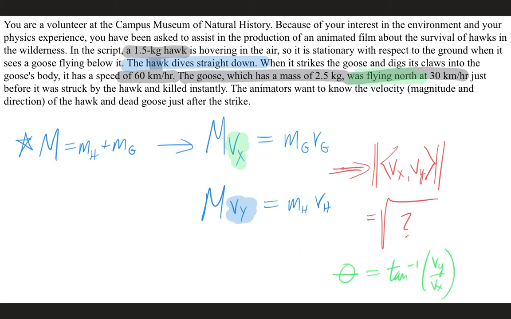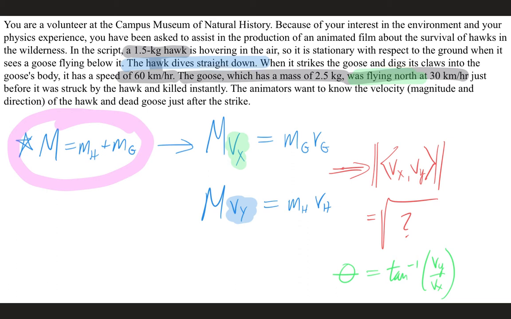So I wanted to set this up because I don't know that this is the easiest thing to just see at this level of physics. You need to know, why would I think of it this way? And admittedly, thinking about the end game, about the combined, at the end of this, the initial conditions are a goose just going its way north and a hawk grabs it.